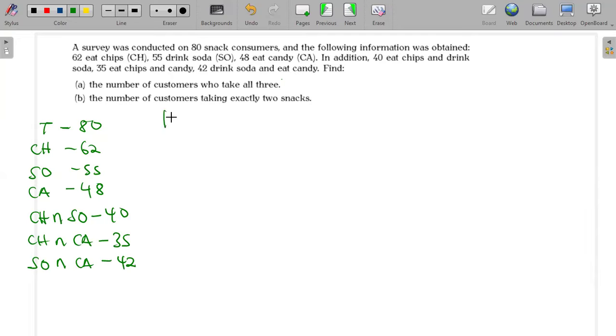So 80 here is the total, and then you get the individual ones, as we learned earlier, that is 62, plus 55, plus 48, and then you subtract those that take any of the two. So you're going to say minus 40, minus 35, minus 42.